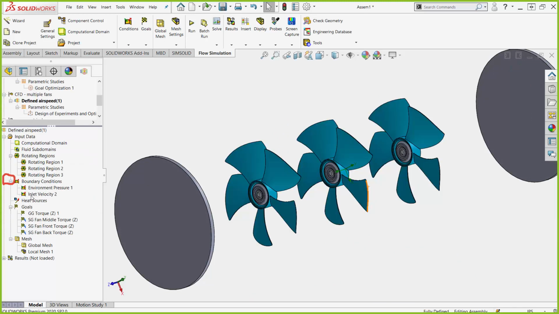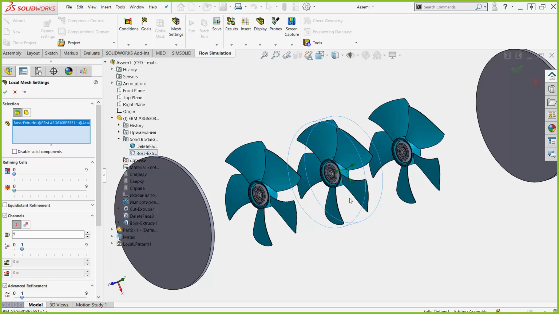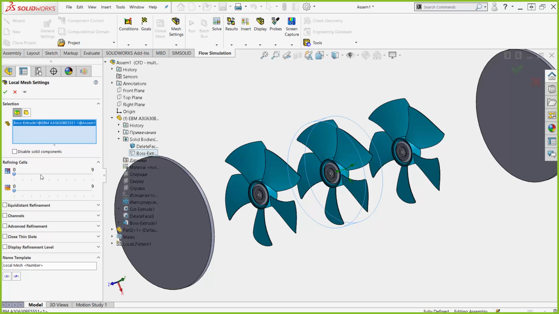Now, a second recommendation I say you should do, create a second local mesh and select the rotating region around your blades, and make sure to refine the fluid cells a couple times. Now I'm saying refinement.